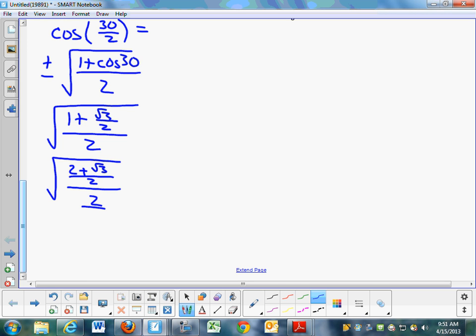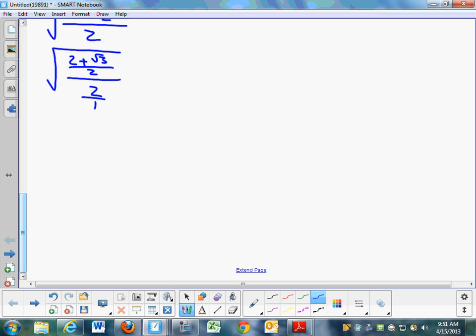Multiply by the reciprocal, and what I will get is the square root of 2 plus the square root of 3 over 4. Can I take the square root of the top? Can I take the square root of the bottom? Yes. So I have the square root of 2 plus the square root of 3 all over 2. And that's the result.